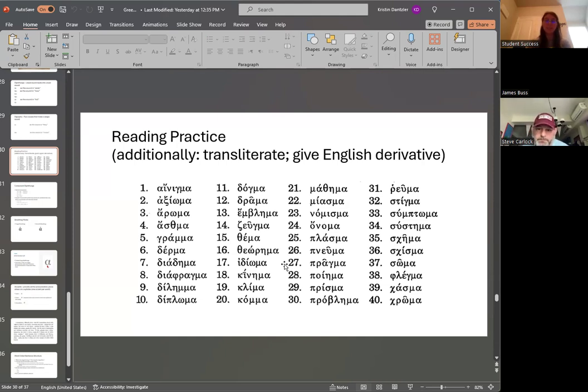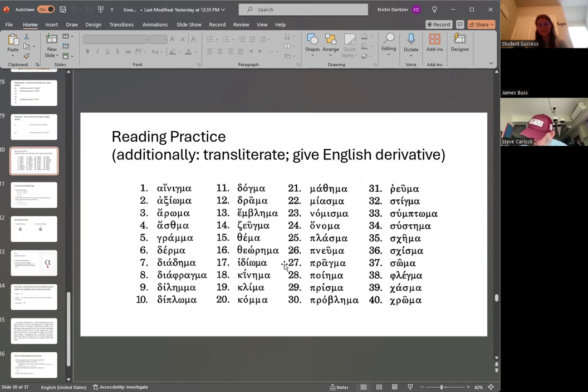Anything that looks like a p is a rho. So we would just say rho. P, rho, alpha, gamma, mu, alpha. Good.